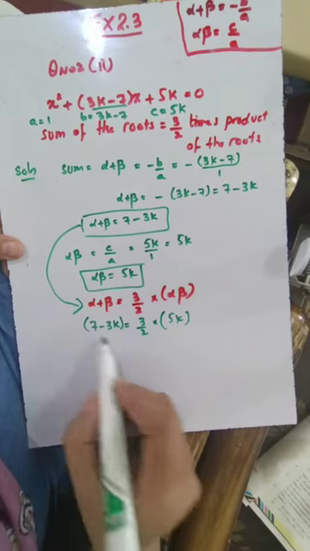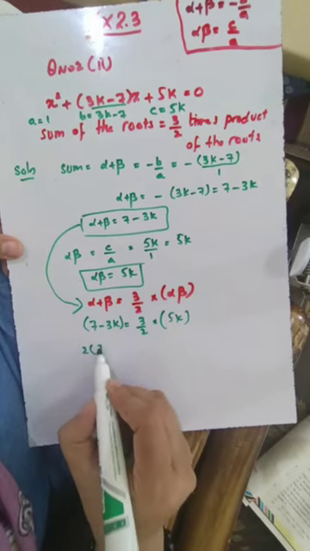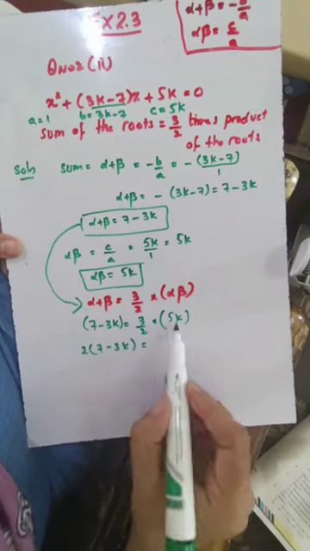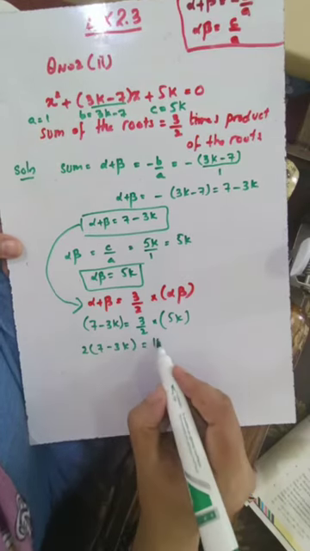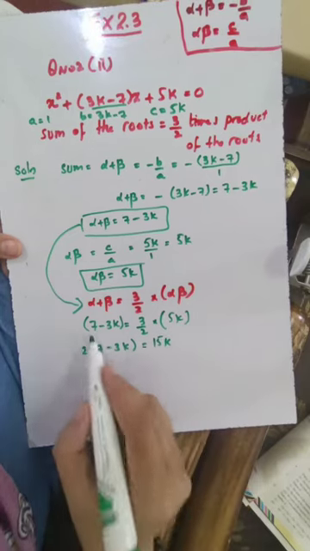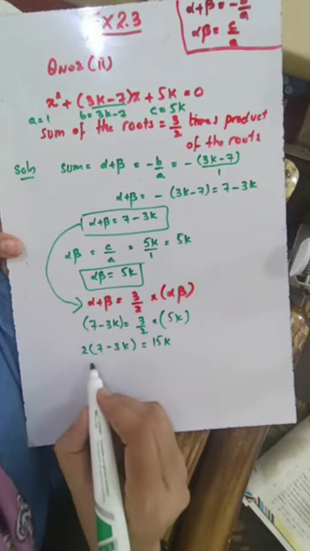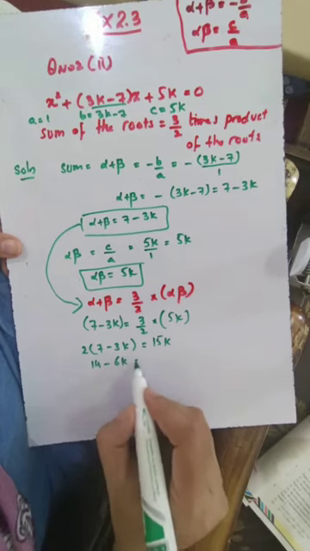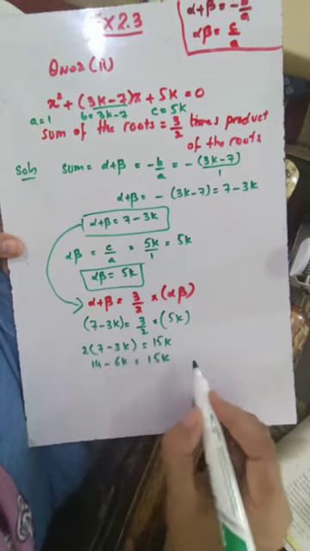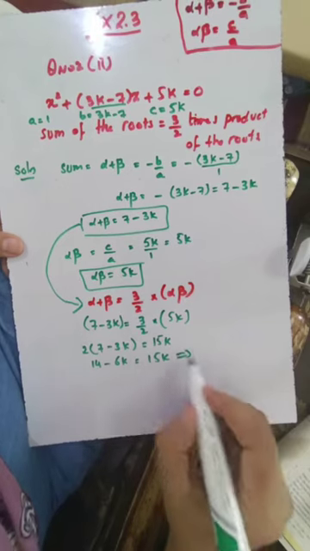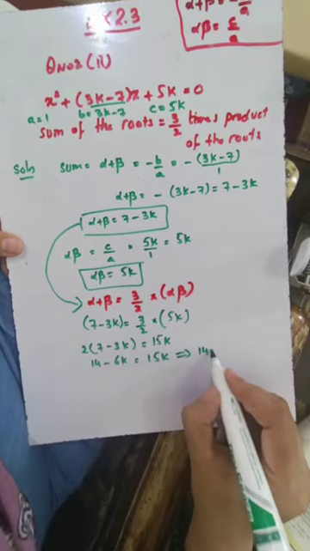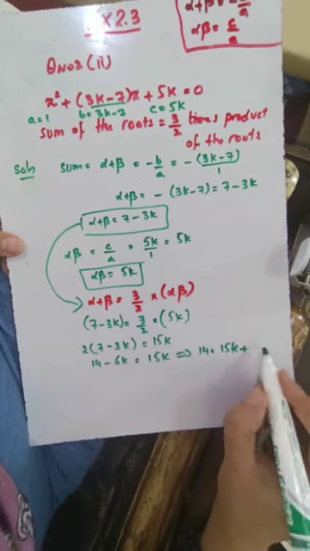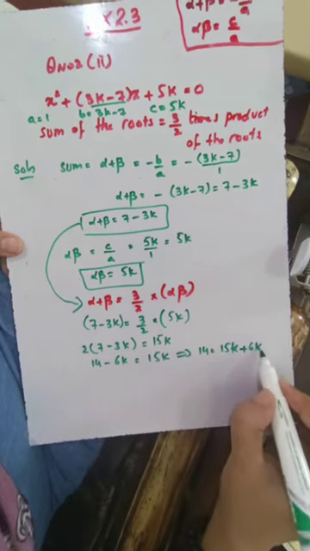So now multiplying 2 on both the sides, we are going to get this, and 3 into 5k will be 15k, and the 2 is shifted from the right hand side to the left hand side. After this it will be 14 minus 6k is equal to 15k. Now shifting 6k to the right hand side, this will be equal to 15k plus 6k.